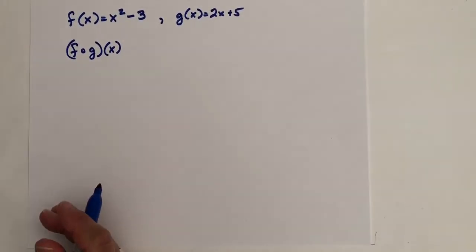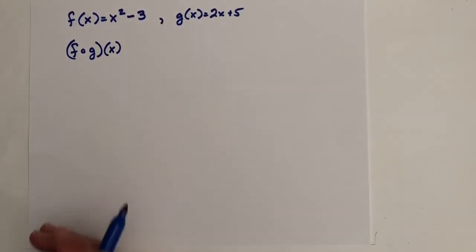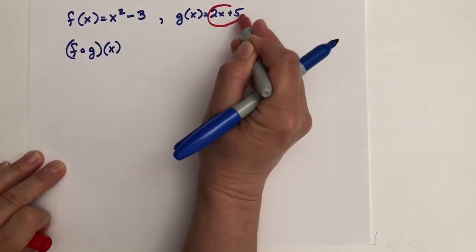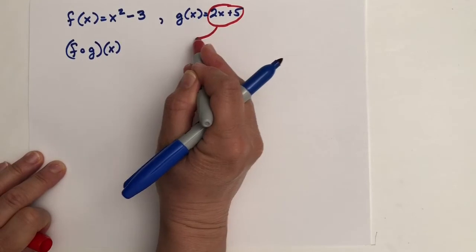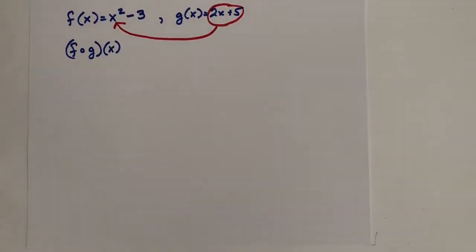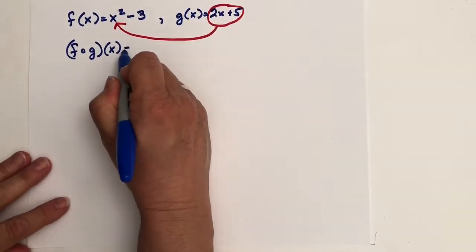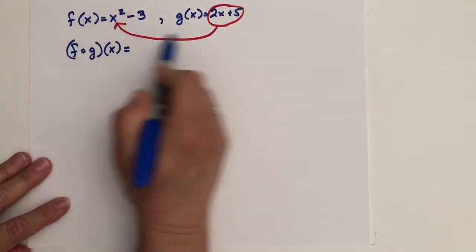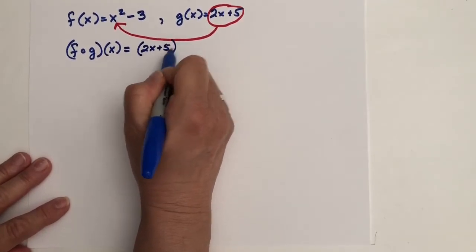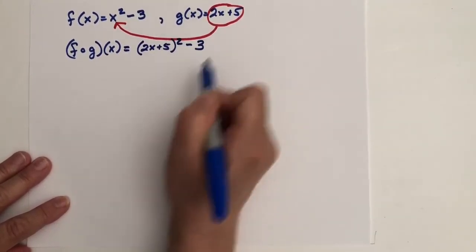So again, keep in mind our inner function is the g, so our g function will be substituted into our f function everywhere you see an x. So instead of x squared, we'd have (2x plus 5) squared minus 3.